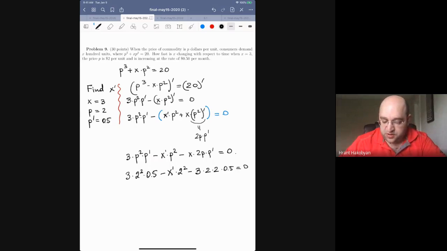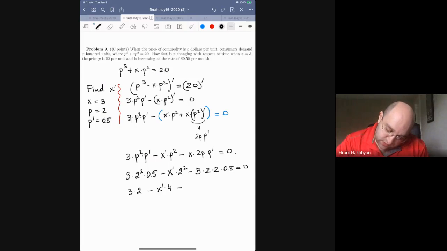That's equal to 0. So if I do the calculations, I'm going to get 3 times 4 times 0.5, which is 2, minus x prime times 4, minus 3 times 2, which is 6.